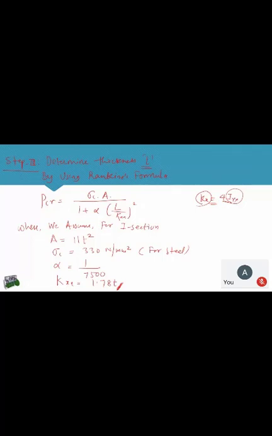Sir, but we should have taken the minimum one, Kxx, right? No. This is the least radius of gyration, but at the same time, you saw that along x direction there is more bending. When the motion of the connecting rod is considered in the plane of motion, you are getting this as Kxx.